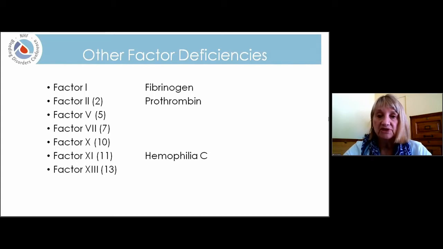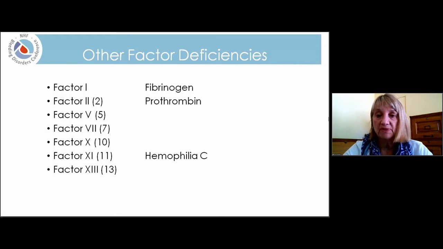Factor 7 deficiency is a little more common. The patients who have severe factor 7 deficiency actually exhibit signs and symptoms similar to factor 8 and factor 9 deficiency. Factor 10 and factor 13 are both extremely rare, and factor 11 is often referred to as hemophilia C and affects people of Ashkenazi Jewish descent.